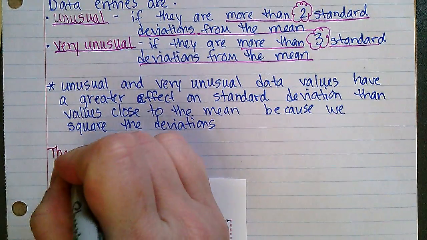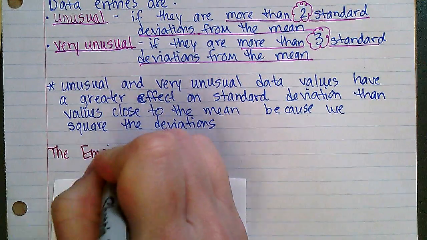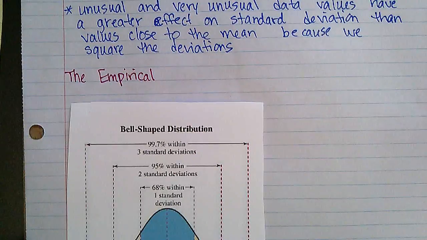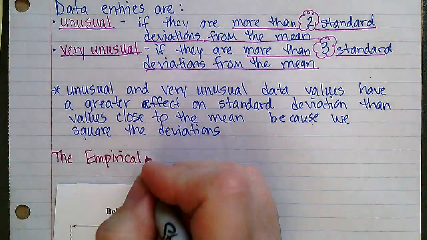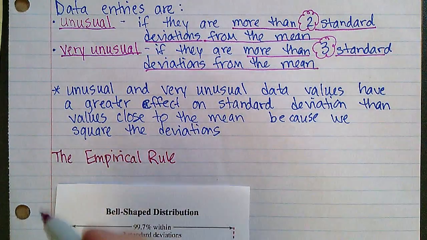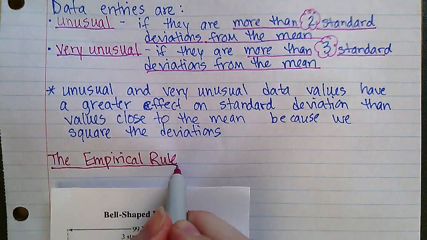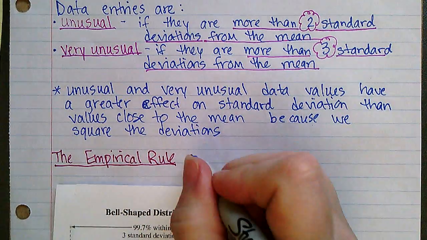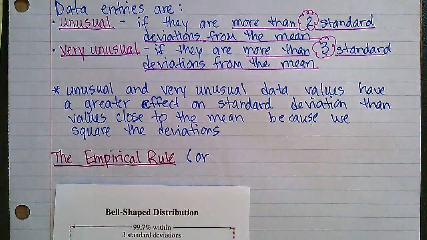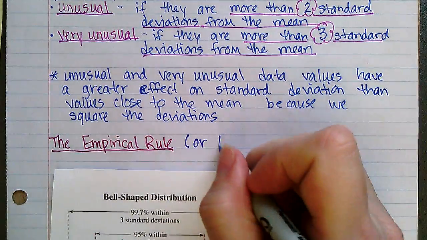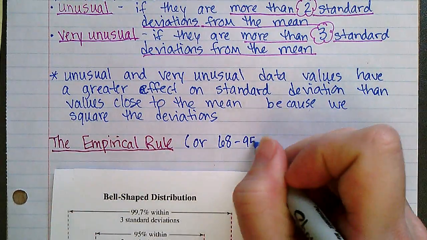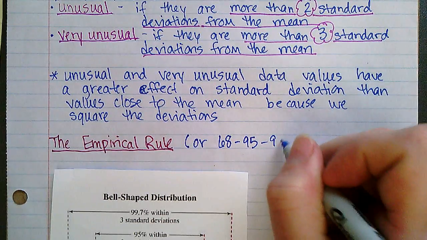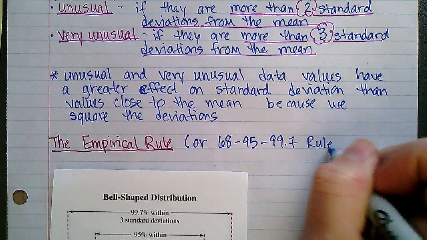Now there's a general guideline for data that has this distribution shape, and that data follows what we call the empirical rule. It has another name that's weird and long and does help you remember the values, but it's called the 68, 95, 99.7 rule.